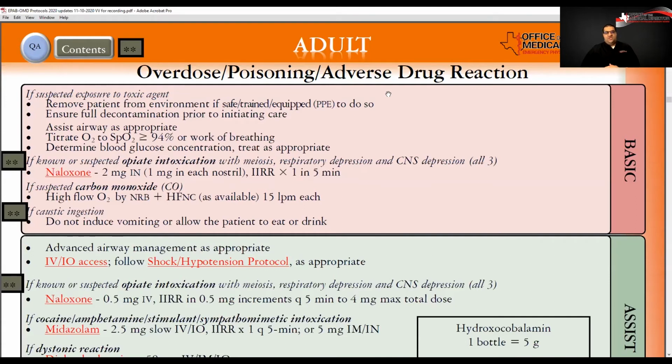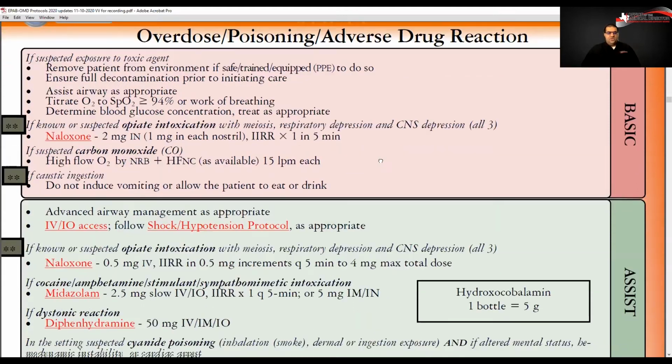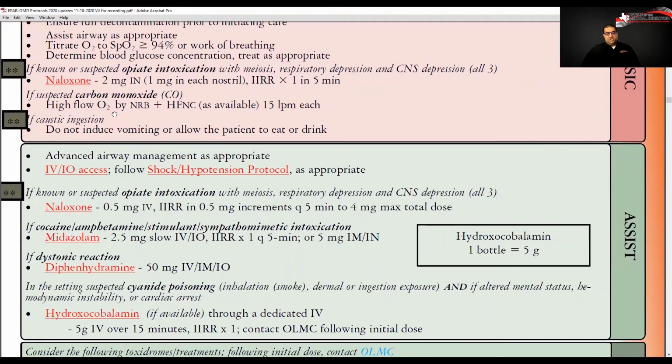You can give the naloxone intranasally, or if you're a paramedic at the assist or advanced level, you can give it intravenously as well. The goal here, again, is to improve their respiratory drive, not to bring them to alertness and not to put them into full withdrawal. A quick mention about caustic ingestion. If you have a patient with caustic ingestion, don't give them anything to eat or drink. Try not to induce vomiting.